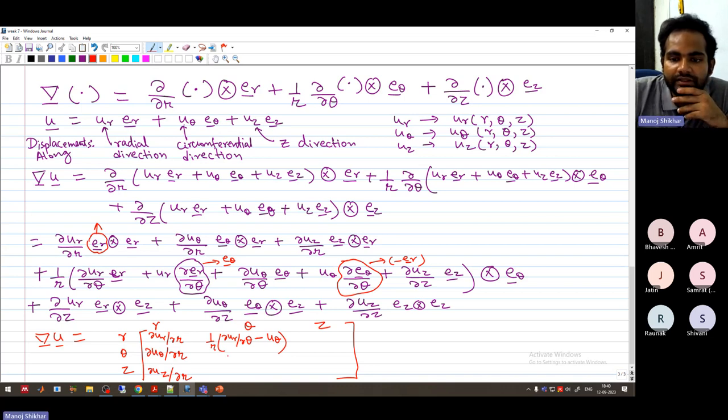Now for the theta row and theta column, we have UR E theta and del U theta E theta. So it should be 1 by R times UR plus del U theta upon del theta.